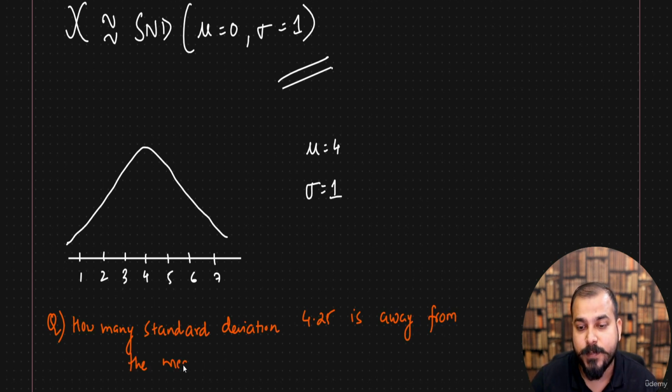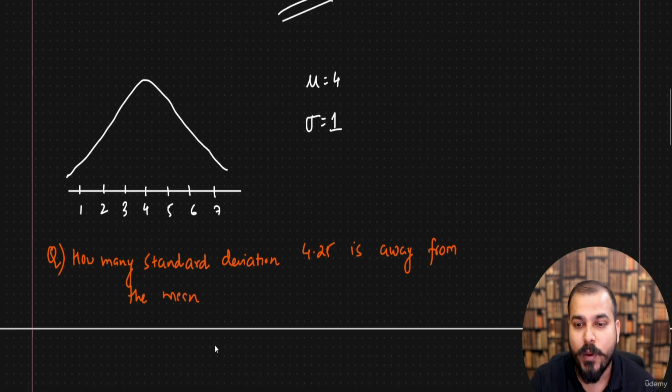So if this is the specific question that I get, where does 4.25 fall? If this is my mean and this is 5, then 4.25 will fall somewhere here, right? So how do I find out how many standard deviations 4.25 is away from the mean, that is 4?